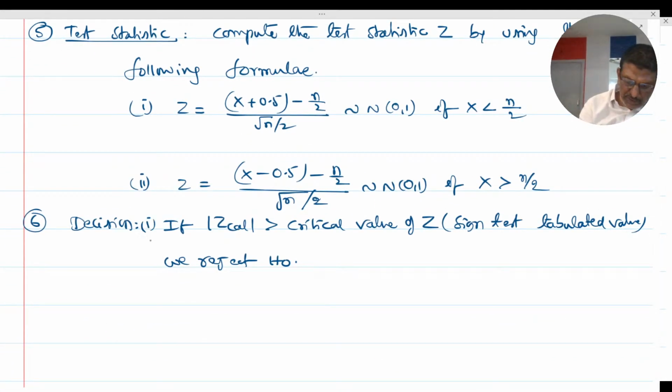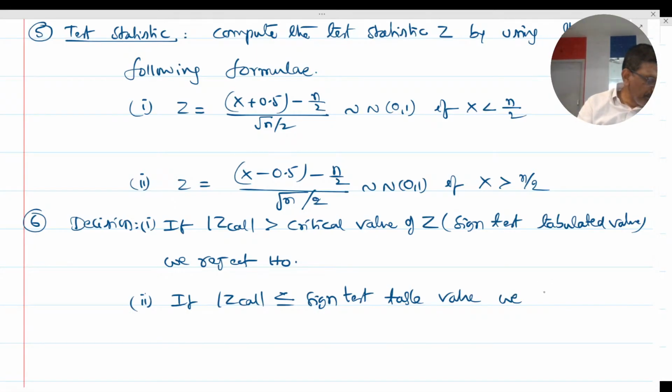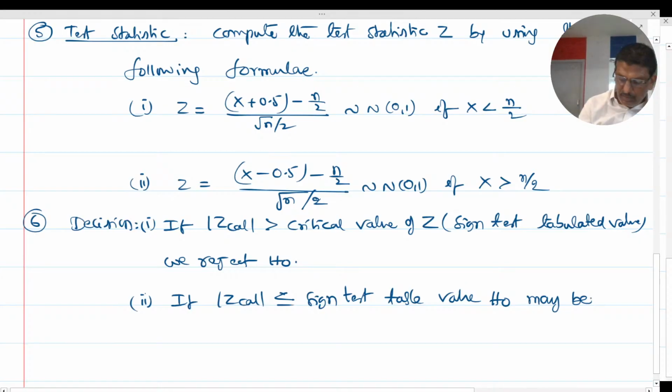This is the first decision. Second decision, if mod Z calculated is less than or equal to the sign test table value, H naught may be regarded as true.